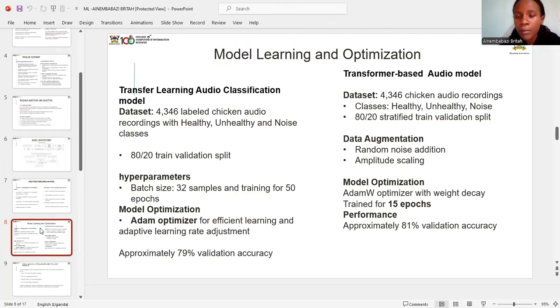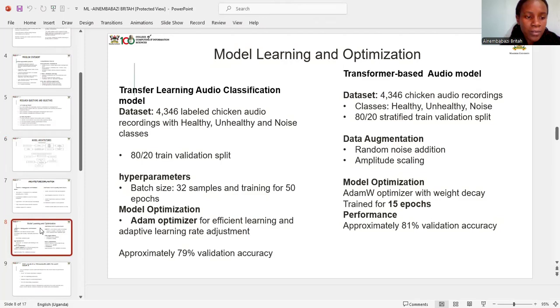Now I'm going to explain how the transformer-based audio model learned. It used the same data set, and it also has the same classes. The data was also split into 80% for training and 20% for validation, and this ensures a balanced representation of each class when the model is evaluated.